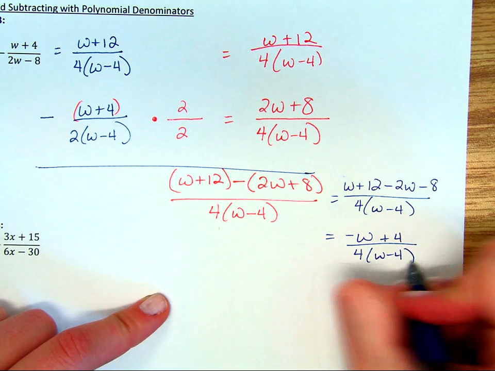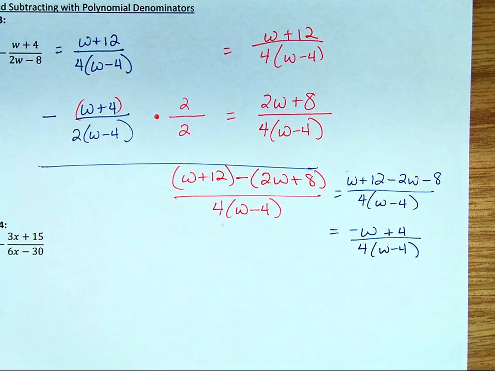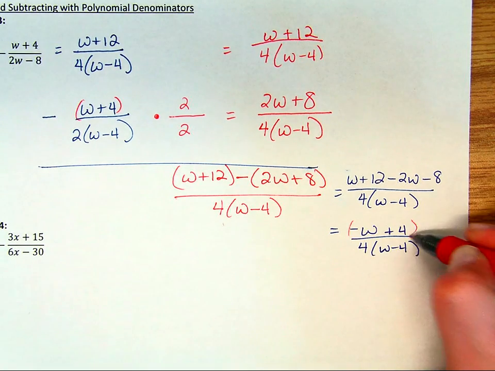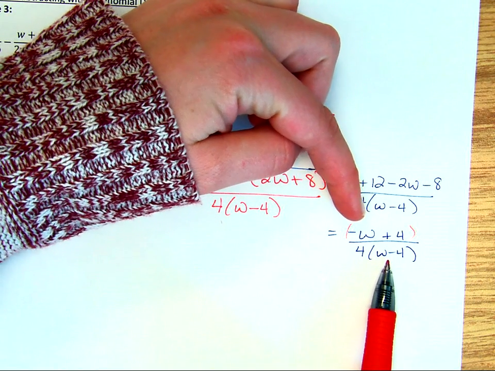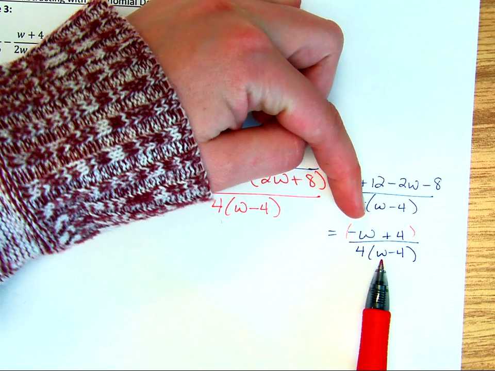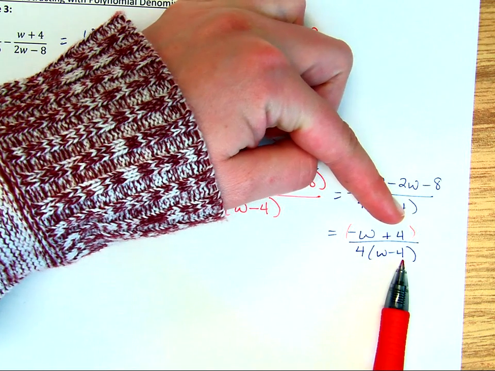Now, this is an extra fun one, because although you might think we're done, you can actually get it a little bit more simplified by using our -1 trick. So if you look at these 2 quantities here, they're the same but opposite signs. Negative w versus positive w. Positive 4 versus negative 4.